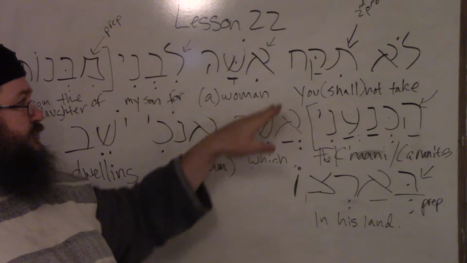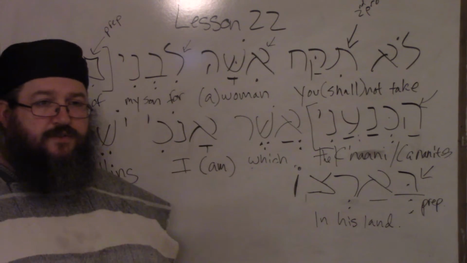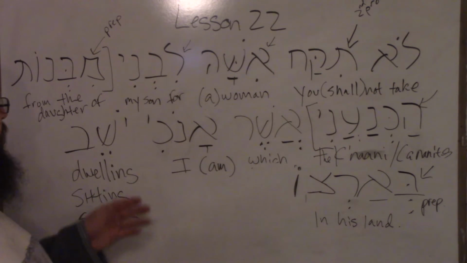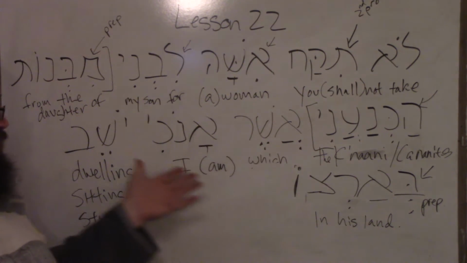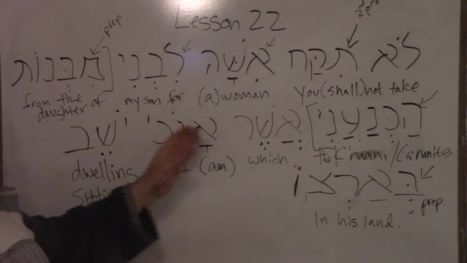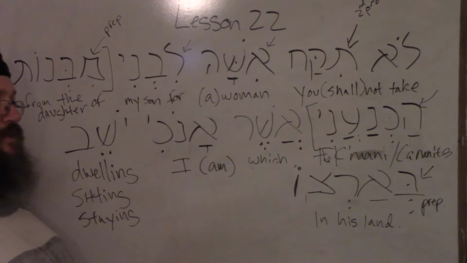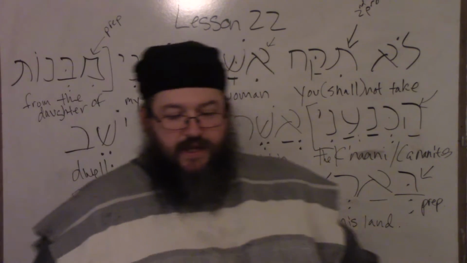We'll see asher is used for who or that when it's used in a past tense verb. We'll see how also when we're using a present tense verb that there is a grammatical differentiation between the asher and the attachment that we would see over here.